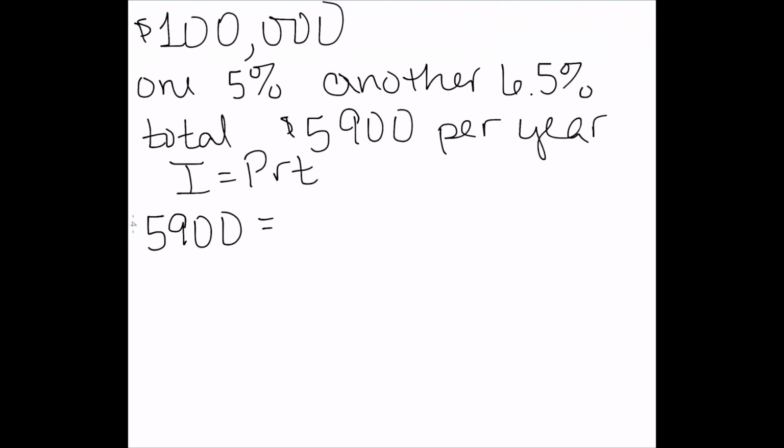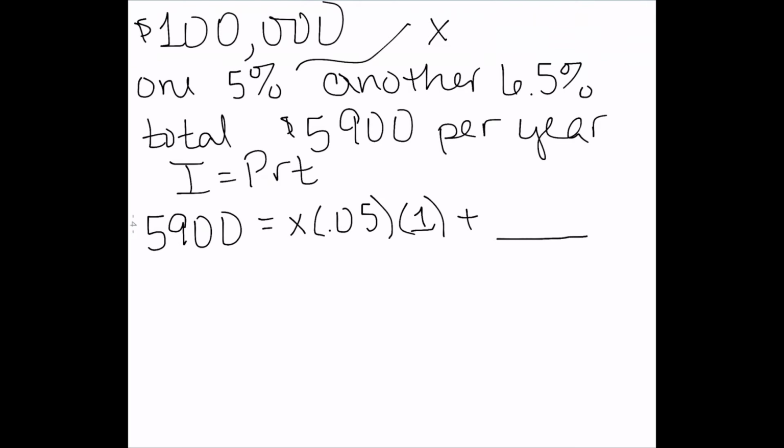So P, let's say we invested X dollars at 5%. So P is X. Our rate is 0.05, and this is for 1 year, so time would be 1. But that's not all of our interest. That's just for the one account. We also have another account. I'm going to leave a blank for how much we invested there for just a second.